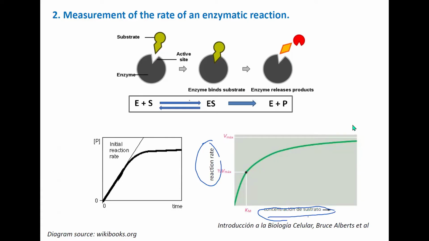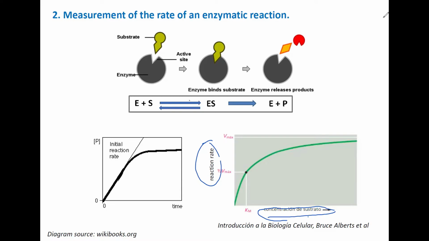So generally, if you have an enzyme, as you increase the concentration of the substrate, of course, there is an active site. So increasing the concentration of the substrate also leads to an increase in the rate of the reaction.